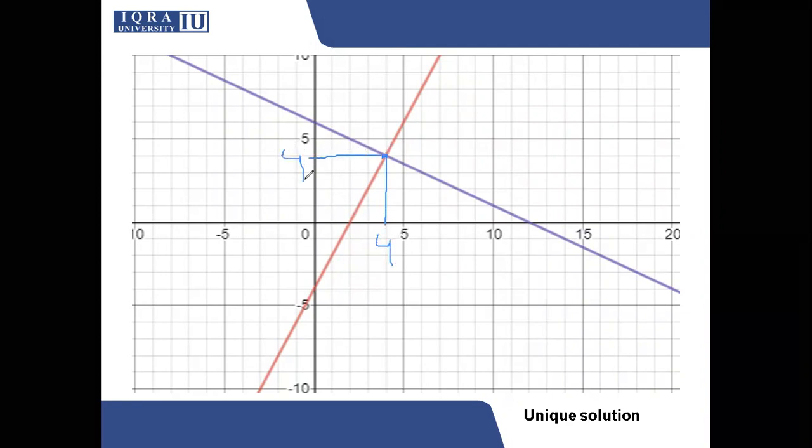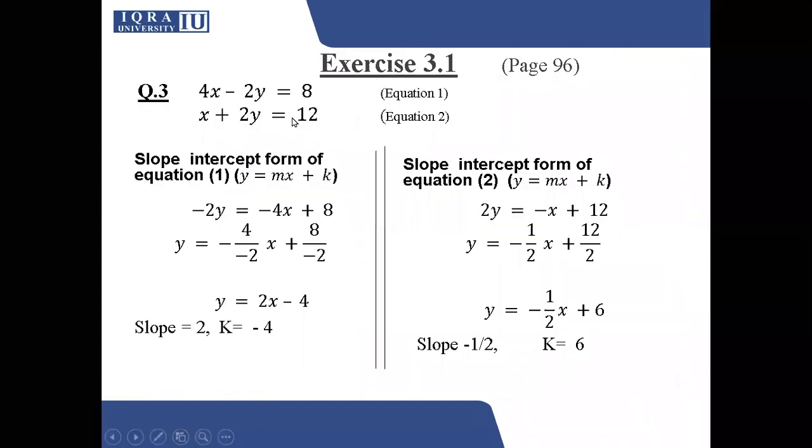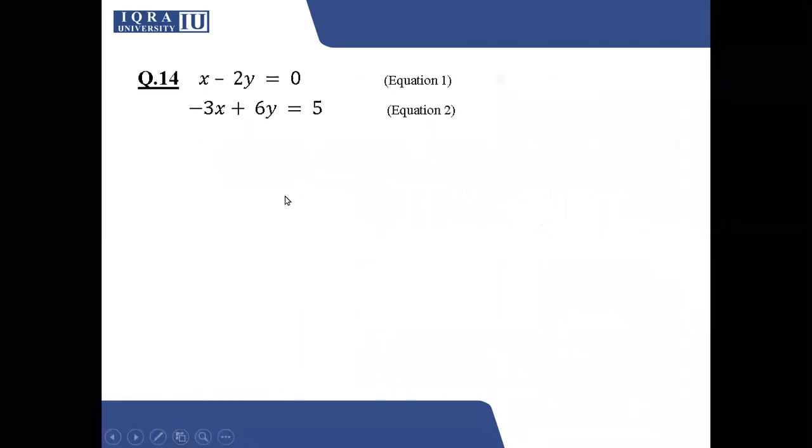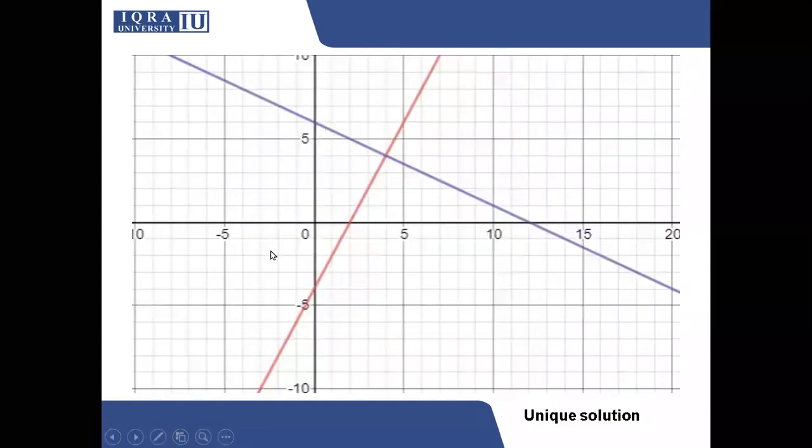And this is y equals 4. So when I put the values of x as 4 and y as 4, both of these equations are satisfied. This is how you solve a system of equations using graphical analysis. Then let's take a look. This was obviously what we studied here, a case of a unique solution.